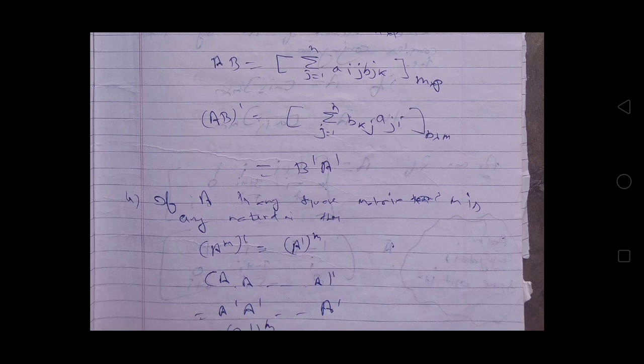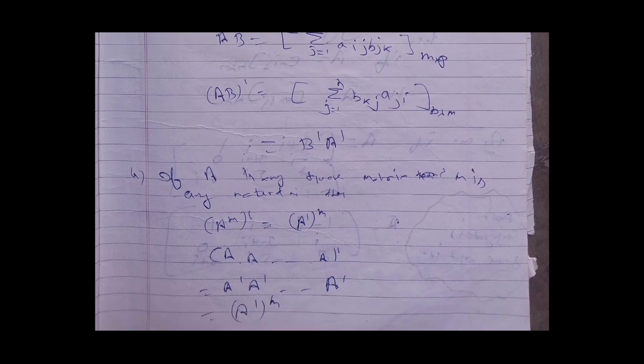Now the fourth property says that if A is any square matrix and m is any natural number, then transpose of A raised to the power m will be equal to transpose of A matrix raised to the power m. Now go for the proof.